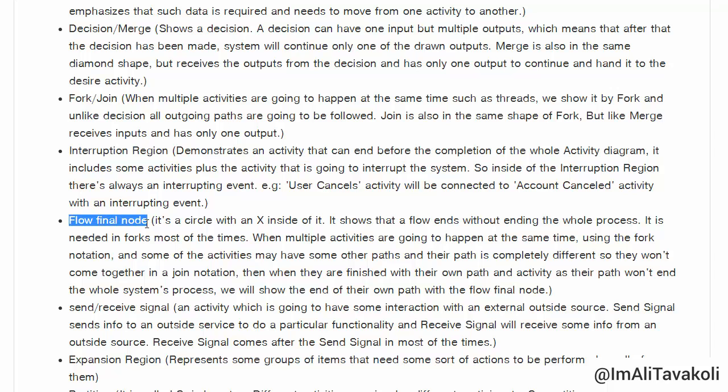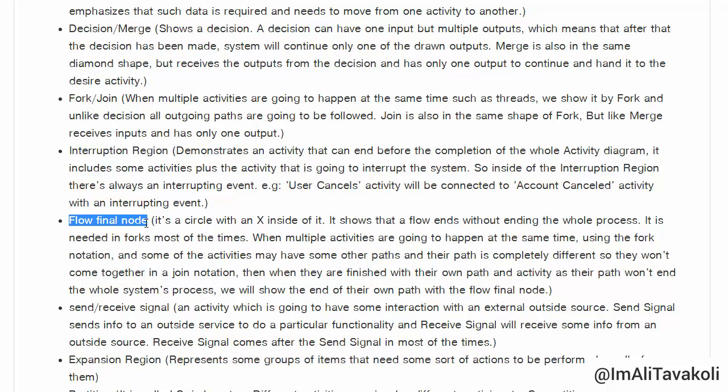Flow final node. It's a circle with an X inside of it. It shows that a flow ends without ending the whole process. It happens in forks most of the time, when different activities are going to happen at the same time.